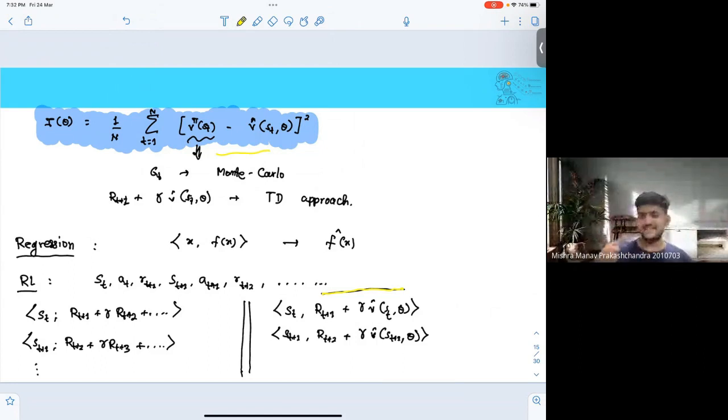In fact, this is an idea which is used in many popular deep RL algorithms in today's time, be it DQN or TD3 or SAC, or any non-actor critic based methods. So this kind of method is always used. The target update happens much fewer times as compared to the current estimate.